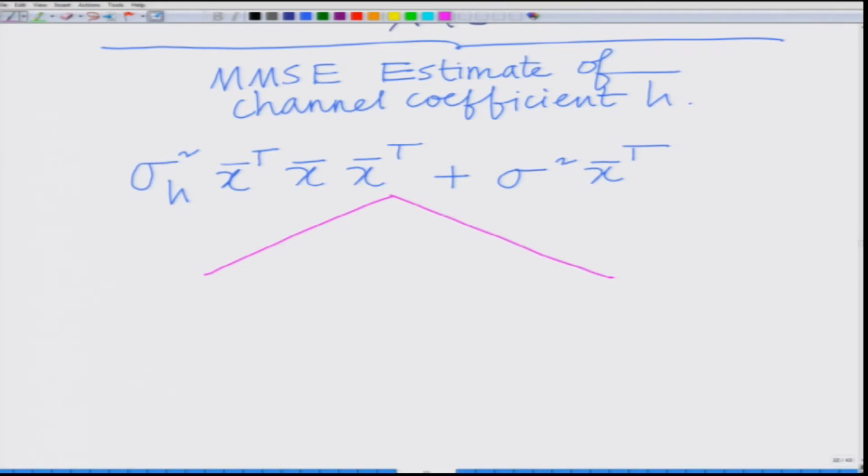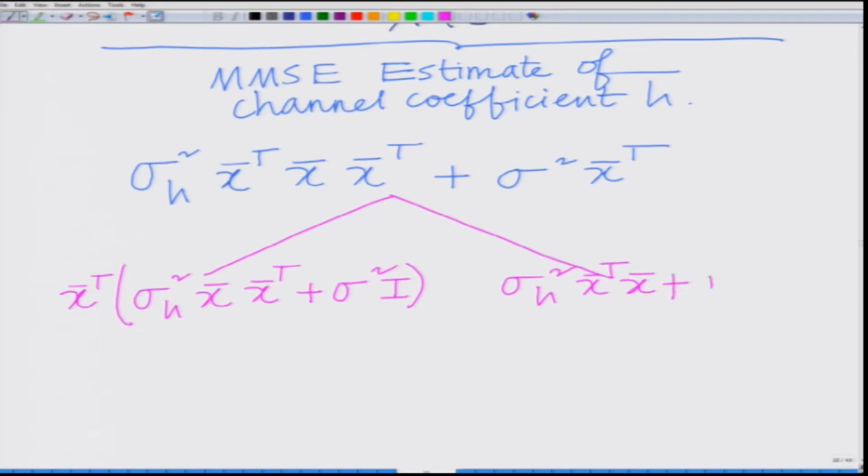So if I extract x bar transpose on the left, what I am going to have is x bar transpose into sigma h square x bar transpose plus sigma square times identity, and if I take x bar transpose common on the right, then I am going to have sigma h square x bar transpose x bar plus sigma square times x bar transpose, and naturally both these quantities are equal because they are simplifications of one and the same thing.